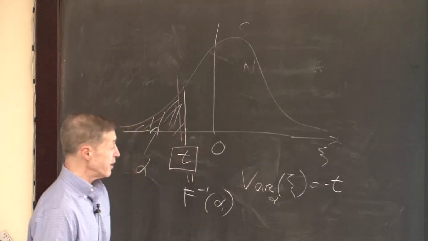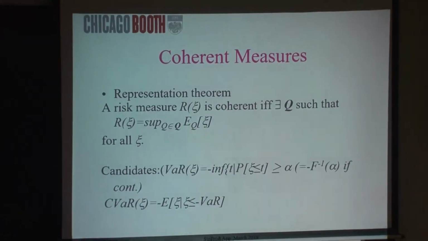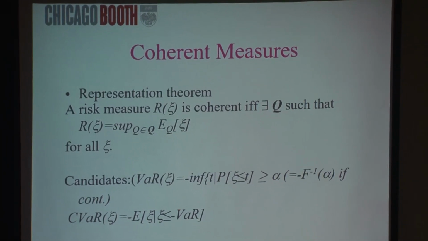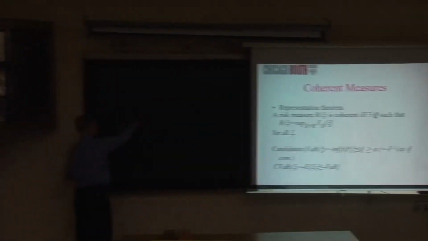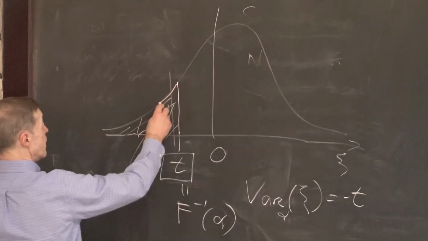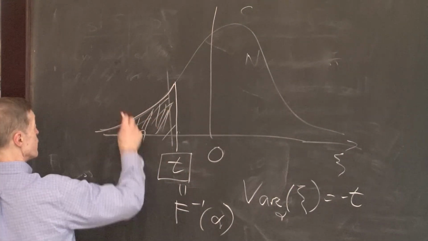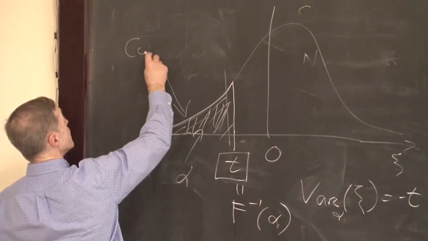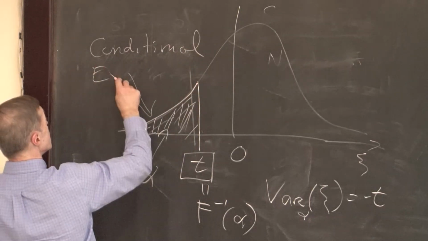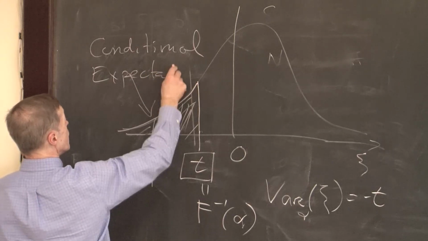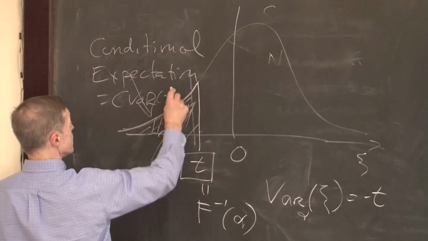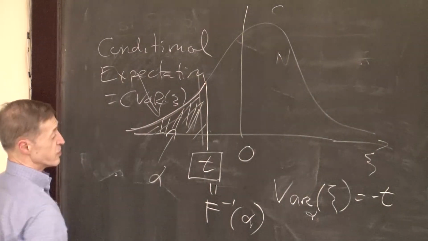Now CVaR is the negative of the expectation of everything up to the VaR. So CVaR is the expectation of this tail, the conditional expectation over the tail. So if I take the conditional expectation over here, that's the CVaR, or conditional value at risk.